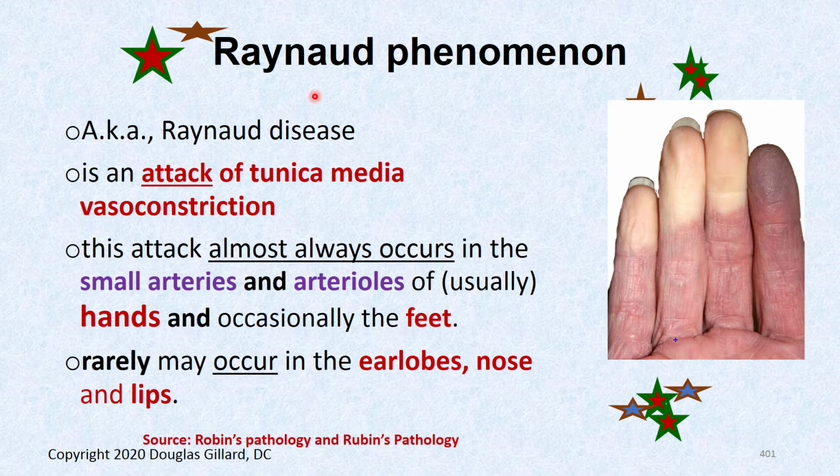So let's draw a little artery here. I'm magnifying, of course. This is way too big. Here's a digital artery. Okay, and then all of a sudden, out of the blue, for reasons we don't understand, the tunica medias go crazy, and they vasoconstrict.